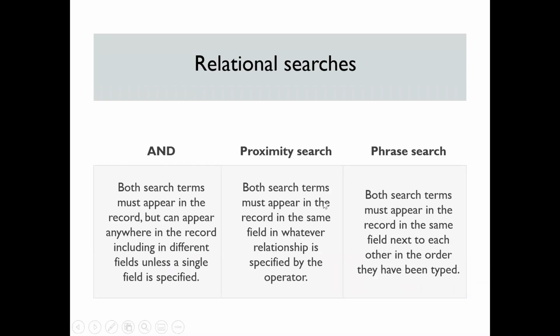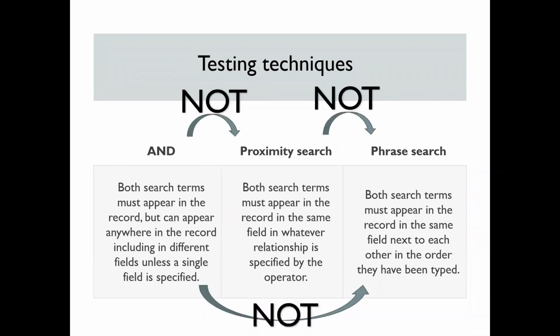So as just a review, with your relational searches, you have the different options, with the broadest being the and search, the proximity search in the middle, and phrase search being the very most specific. And you can always test them against each other by setting up a not search.